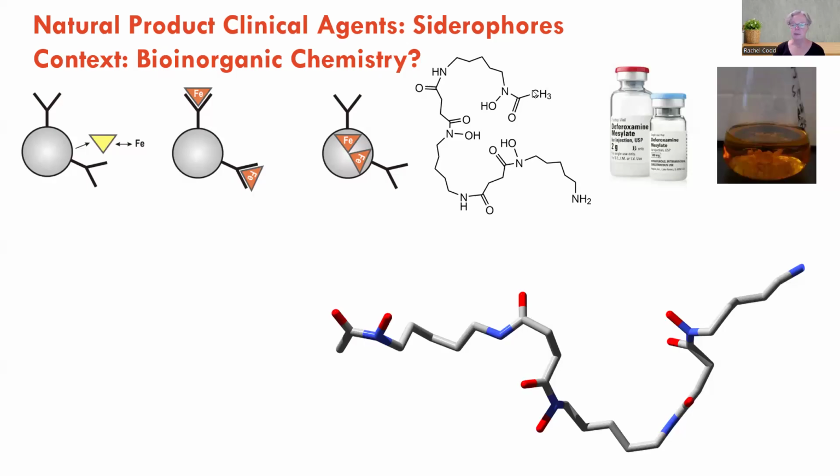In terms of relevance to medicinal chemistry, or bioinorganic medicinal chemistry, if you like, this compound called desferrioxamine B is used in the clinic. It's known as desferal, and it's used to treat a condition known as secondary iron overload.